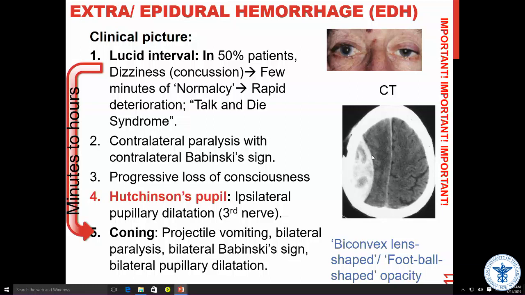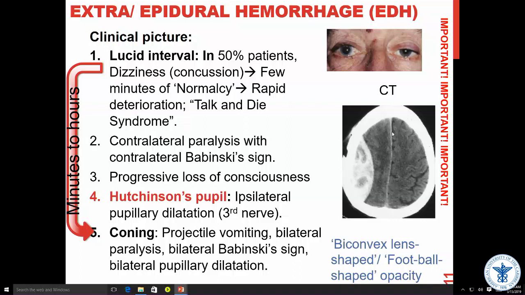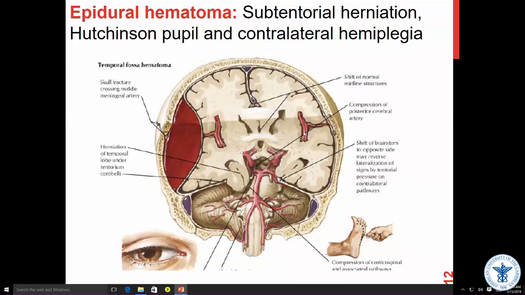Therefore, you have one convex surface here, and another convex surface is the skull itself. So you have a biconvex shaped hematoma. It's a giveaway answer: epidural hematoma, football-shaped opacity. You're also looking at a slight midline shift, which we just now talked about. So there's quite a lot of overlap between the previous discussion and now.